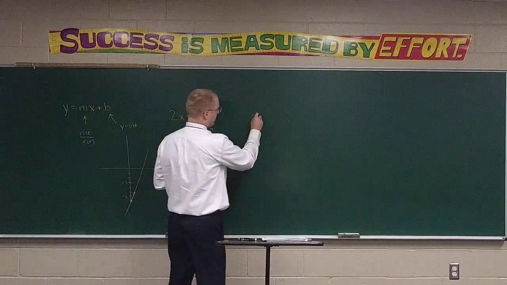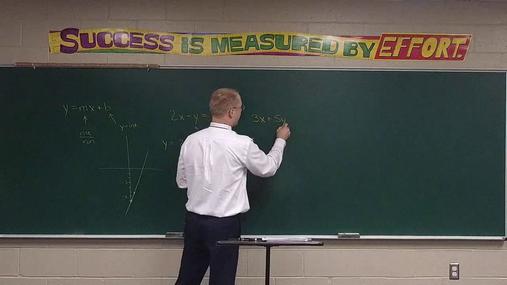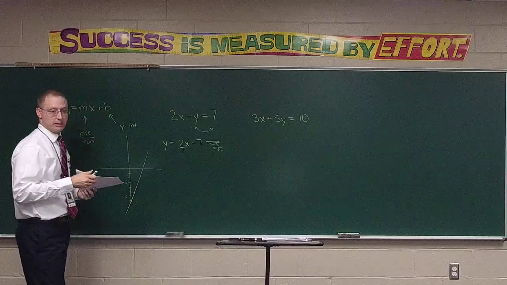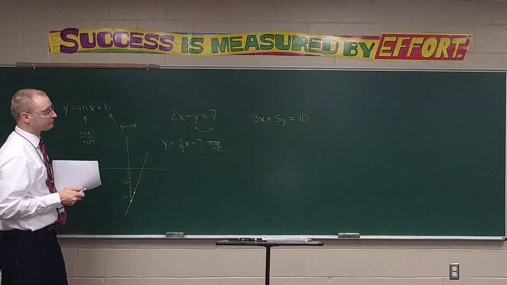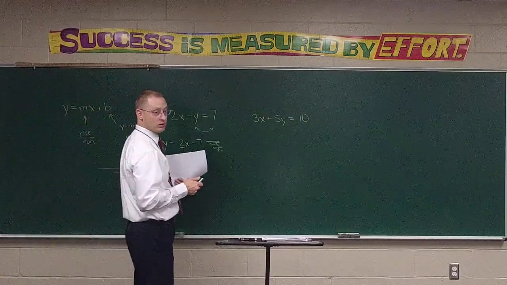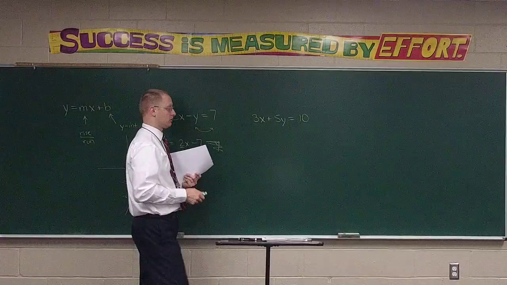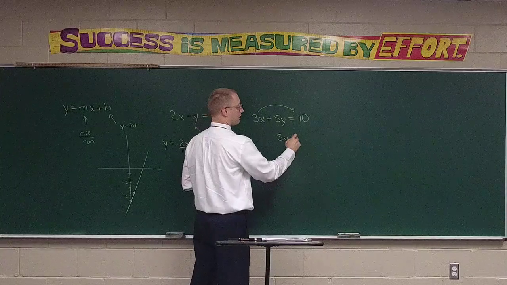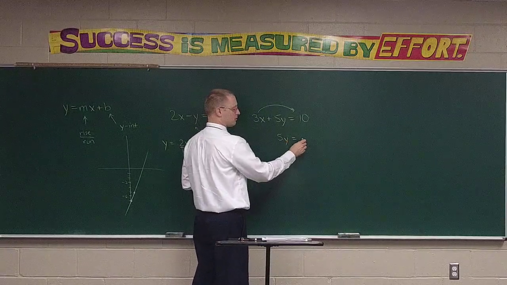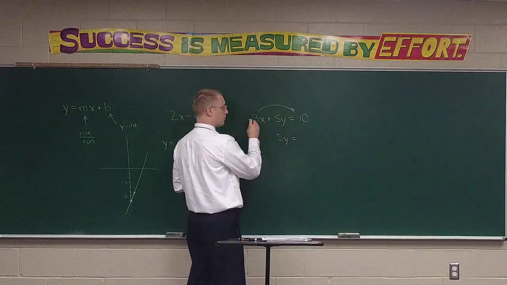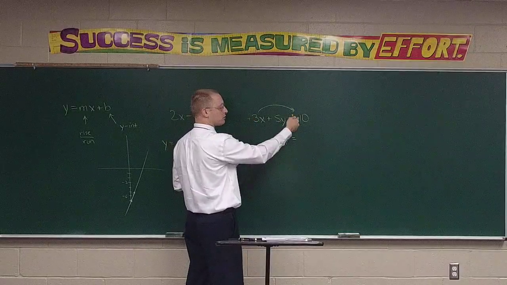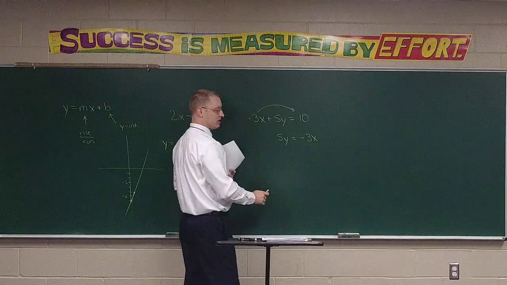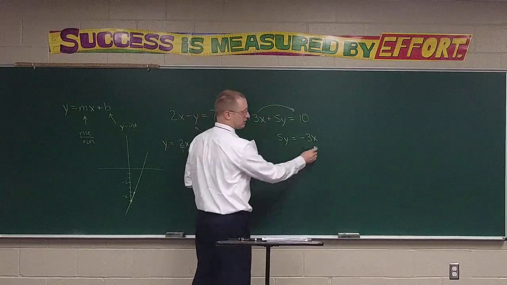So what about this one? 3x plus 5y is equal to 10. How would we get that into slope-intercept form, Brecken? Well, it's a positive, but we're moving it over so it becomes negative. Remember, when it changes sides, it changes signs.